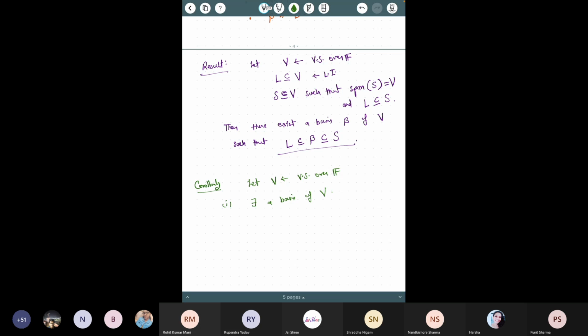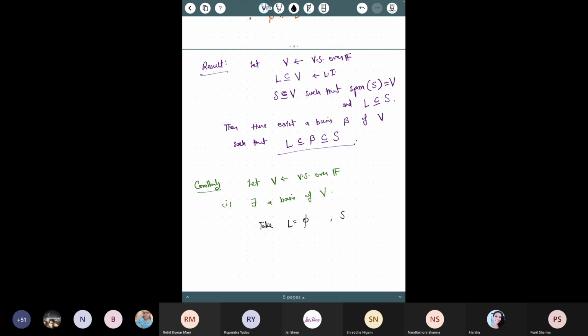If you say it in two different arguments, then it is fine. Otherwise, I can give you the hint here. You just take L as the empty set, because L is a linearly independent set, and by definition the empty set is linearly independent. There is no vector, so it follows the definition because there is nothing to check.